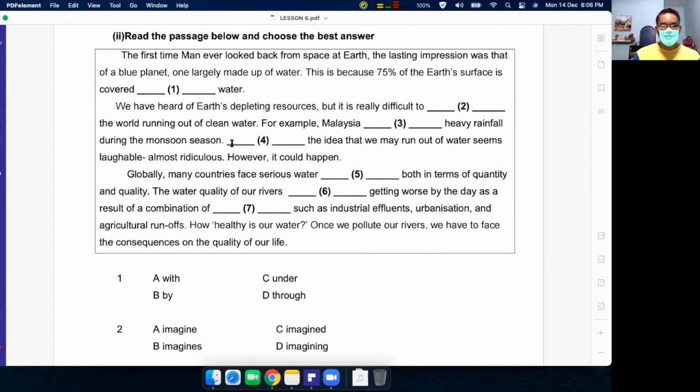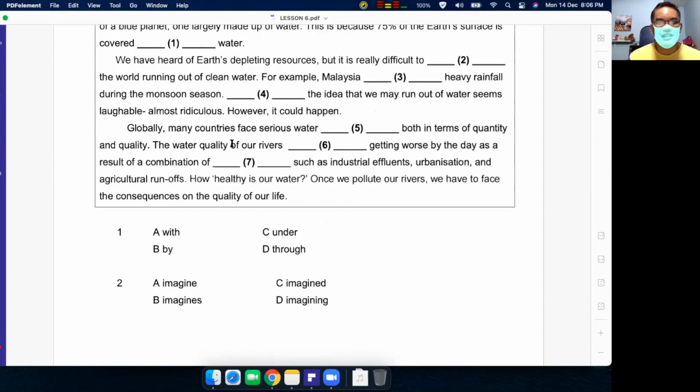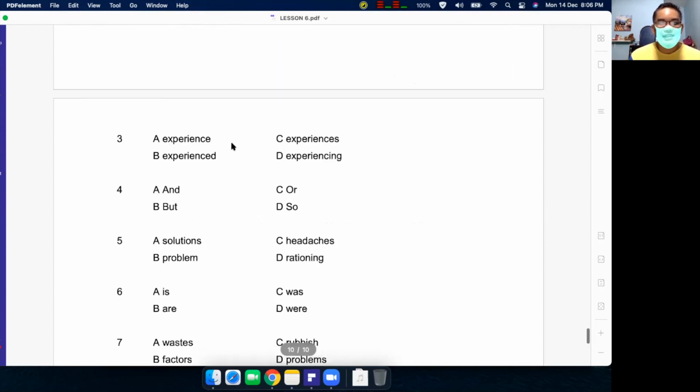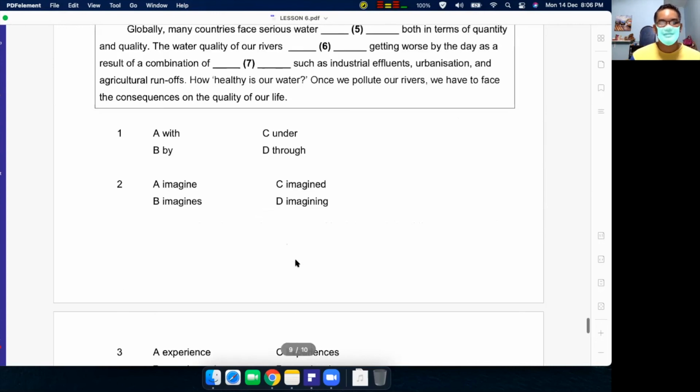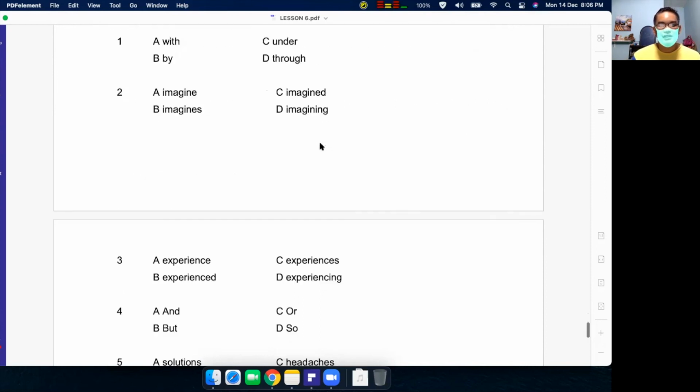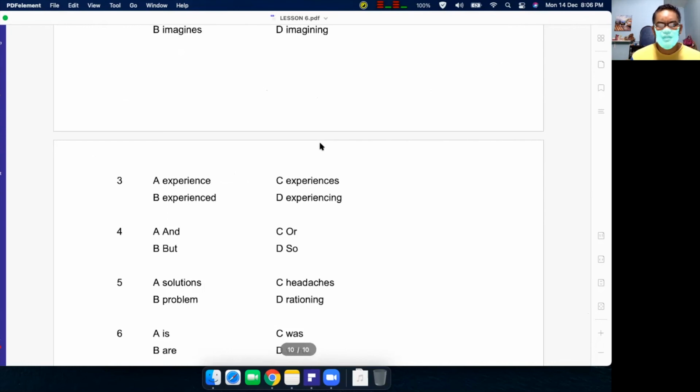However, it could happen. Globally, many countries face serious water solutions, problem, headaches, rationing. Right? Globally, many countries face serious water problem, right?